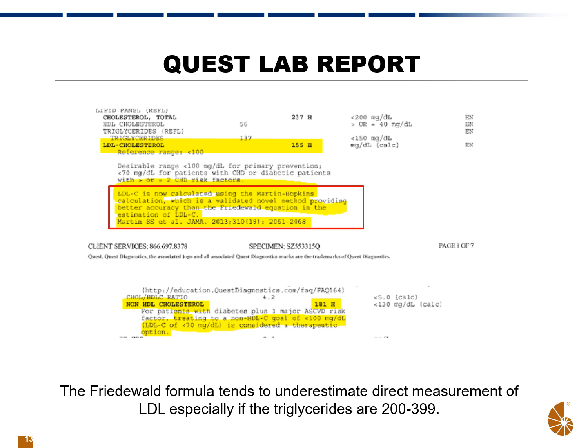If it goes over 400, then we said the Friedewald formula doesn't work. But even in the higher ranges of triglycerides, 200 to 399, the Friedewald formula loses its ability to give us a better number on what the LDL actually is. So that's why people have gone to this Martin-Hopkins calculation.